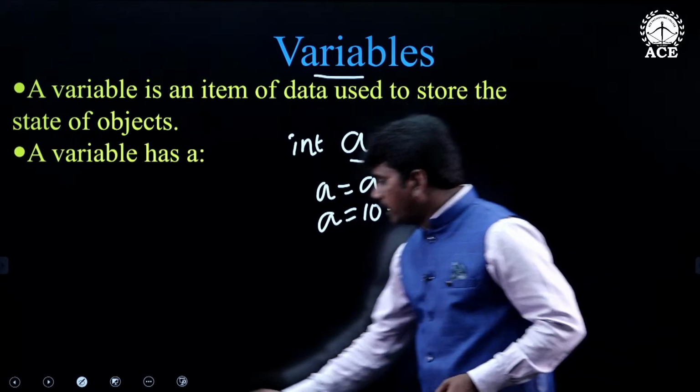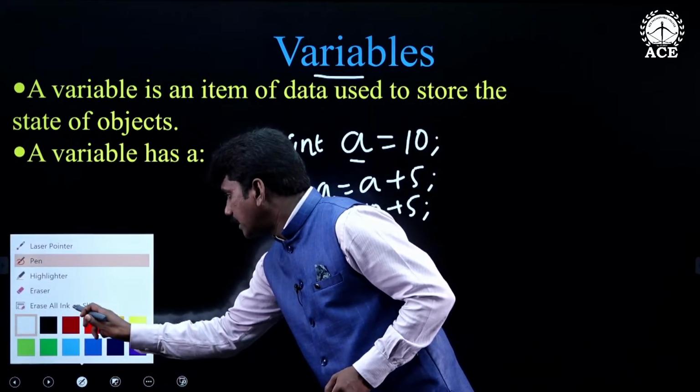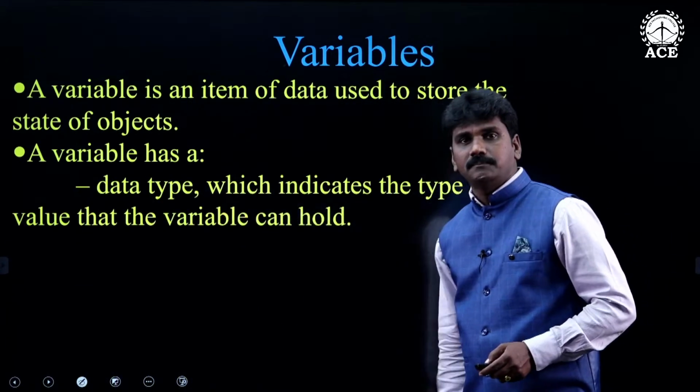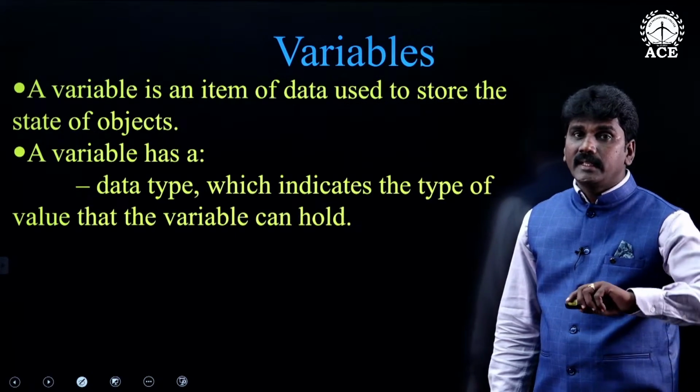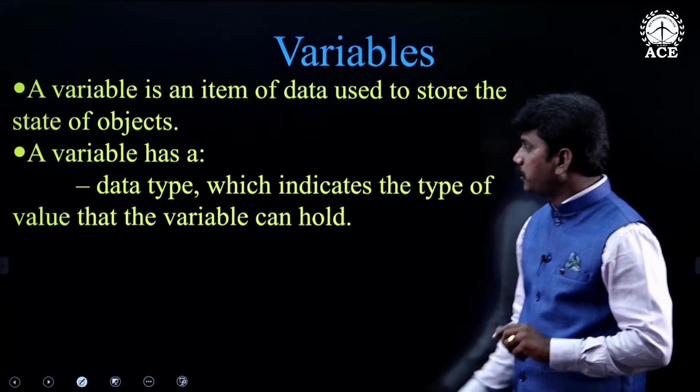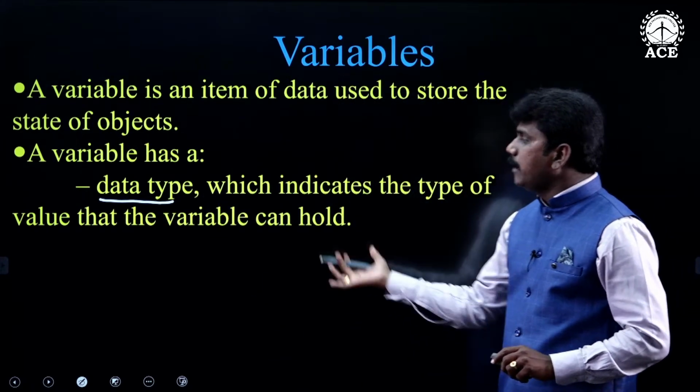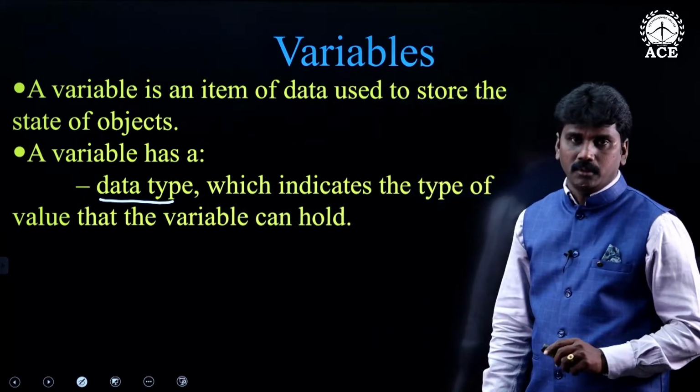Now let us see what the variable will contain. A variable has a data type. While declaring the variable, we have to use a data type, which indicates the type of value the variable can hold.